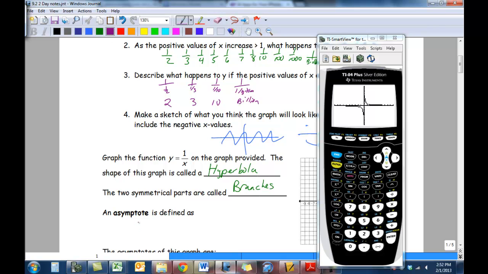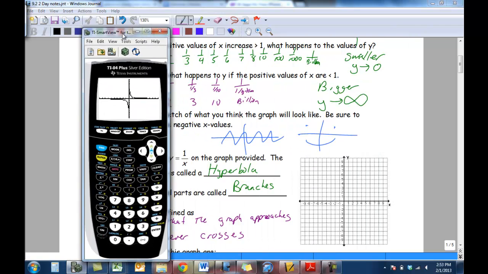An asymptote, we're familiar with those from conics, is a line that the graph approaches but never crosses.